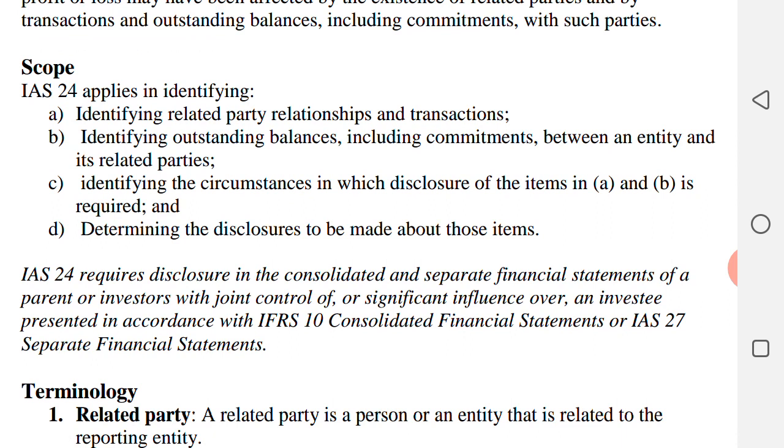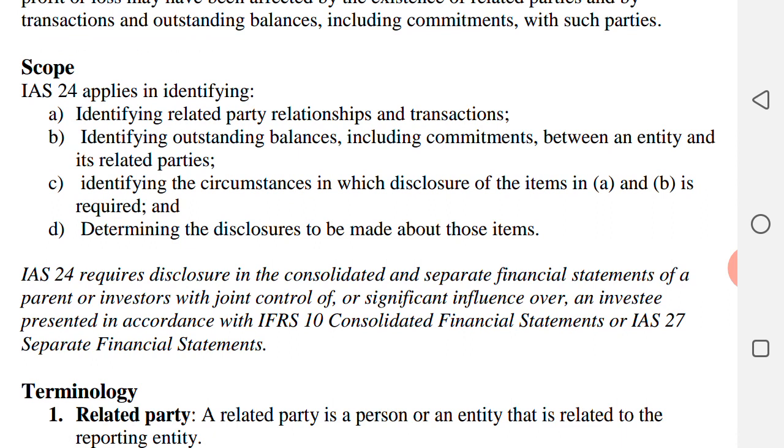So the sales rep needs to tell the owner of the store that he or she purchased an item from the store, because mostly it affects the financial statements. In most cases the transactions are not done at arm's length. So that's the reason why the IASB said that at the end of the year, an entity should disclose any party related to the entity.